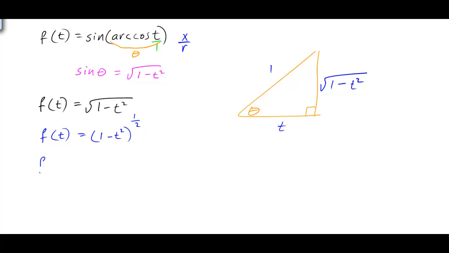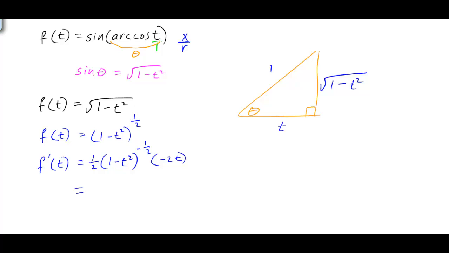And if we want to find the derivative, we could use the chain rule. We would take the 1/2 out front, so we'd have 1/2 times 1 minus t squared to the negative 1/2, right? We take 1/2 minus 1, so that's a negative 1/2. Then we take the derivative of the inside, so the derivative of 1 minus t squared would be a negative 2t.